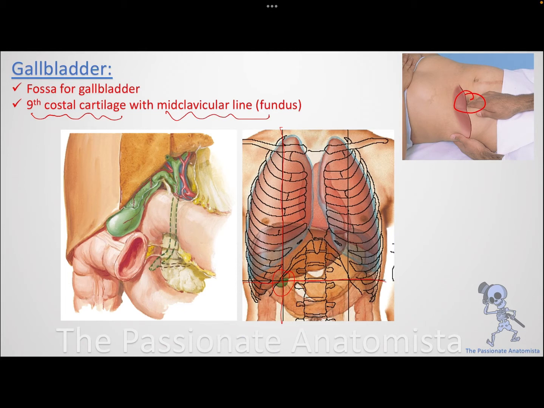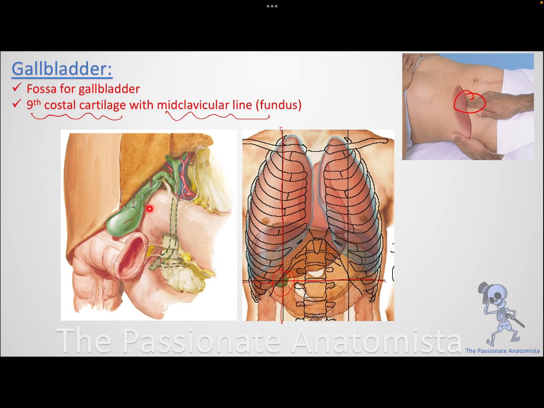Now, if you look at this picture, you can see that the gallbladder lies on the visceral surface of the liver, and it's related to the first part of the duodenum, which is a very important relation, and the fundus is related to the transverse colon. Anteriorly you would see the inferior or visceral surface of the liver.